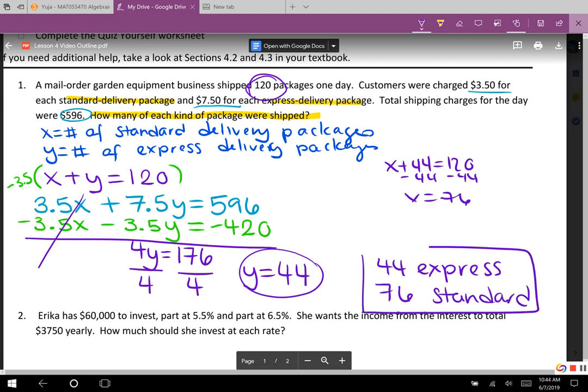And those are my answers. And the great thing about doing application problems is you can kind of check your answer and see if it makes logical sense. By that I mean in this case, we're definitely not going to get fractions. That doesn't make sense. And I'm not going to end up with negatives either. Both of these answers do sound perfectly reasonable. And so that means I probably have set up the problem correctly.